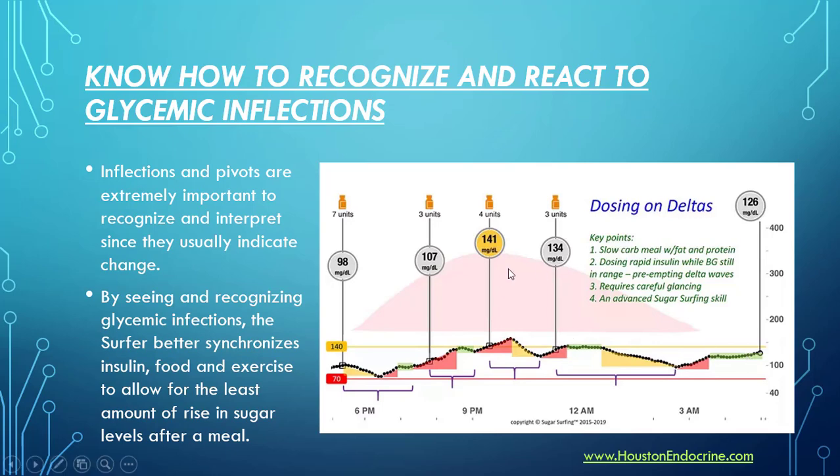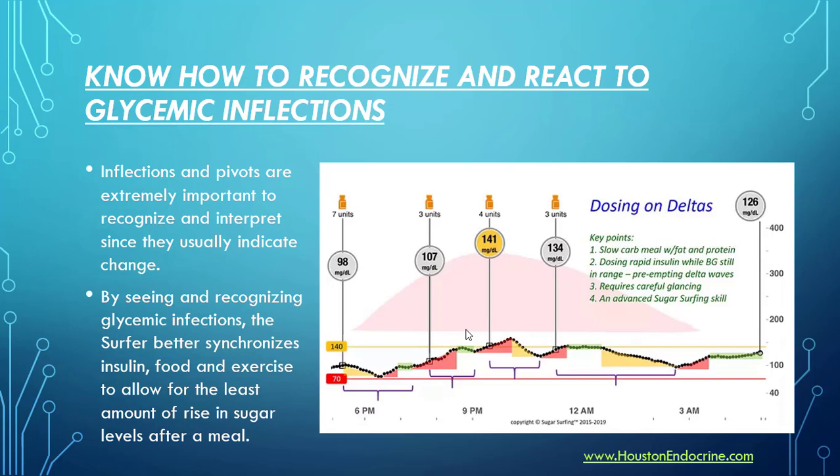This red area is defining a slow-acting carbohydrate meal that has quite a bit of fat and protein. The patient started eating around 6 p.m., but the effect of the meal on the blood sugar is slow and doesn't peak immediately. So you don't have to dose all your insulin for a meal up front.